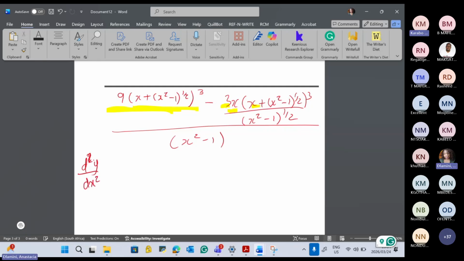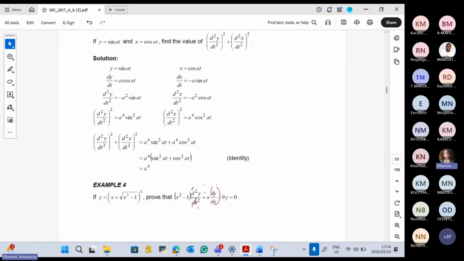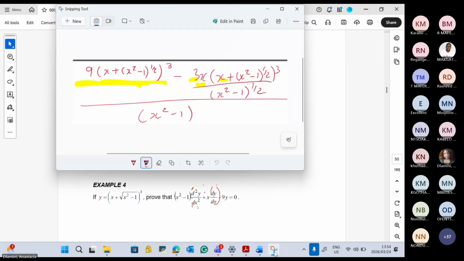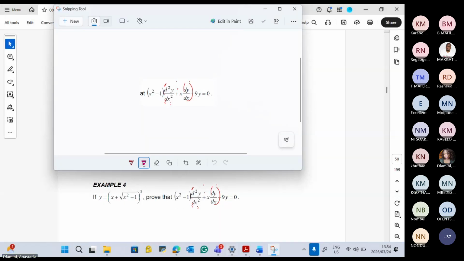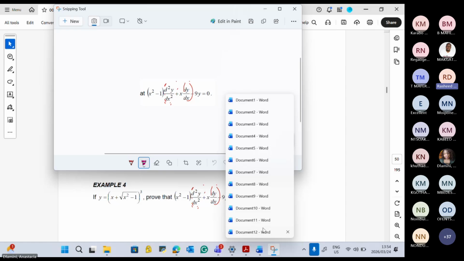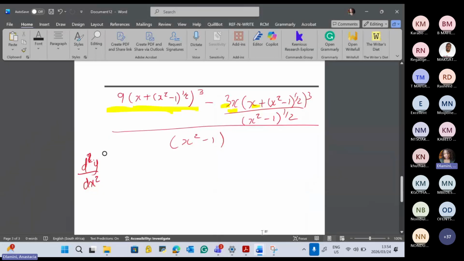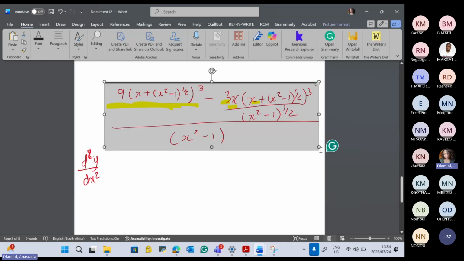Because if we look at our problem, it has x squared minus 1 here. Do you see that? Yes. So I don't think it was necessary for us to go there. Let's end at this step.